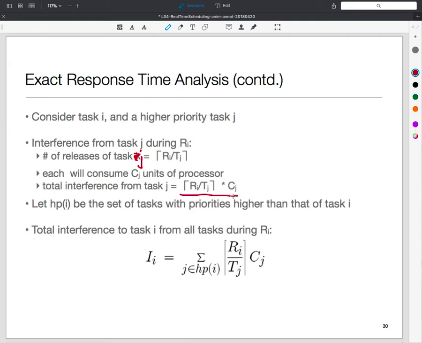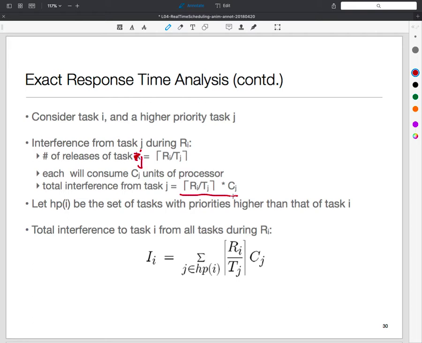Now, of course, remember again, this is dependent upon R sub i, but that's fine, just stick with that. So now what I can say is that the interference from higher priority tasks is a summation of terms like these: a summation of the ceiling of R sub i over T sub j, times C sub j, over all j which have a higher priority than i.